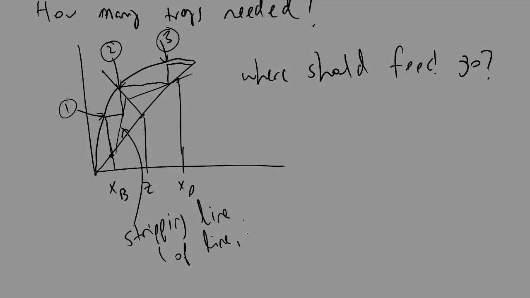I'll call it number 1. And then when we switch onto our rectifying line, where we make this step, which is at tray 2, is where we should put our feed.